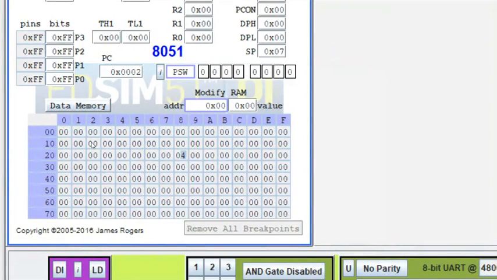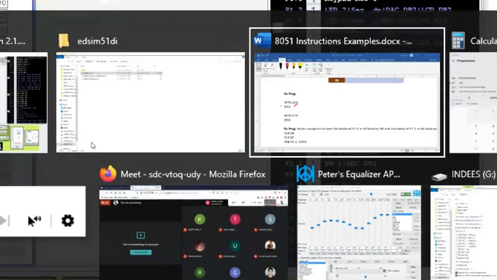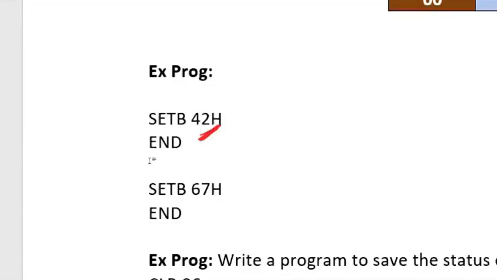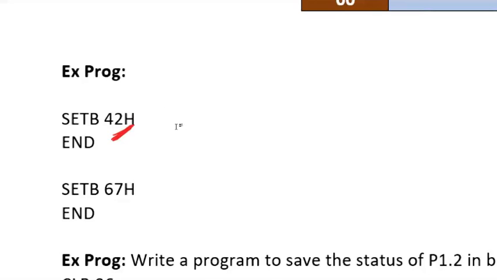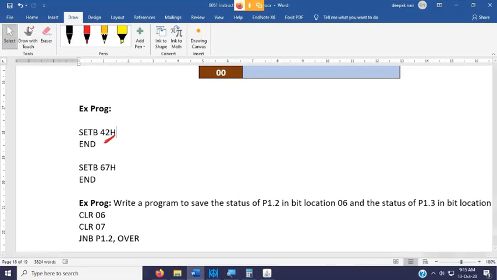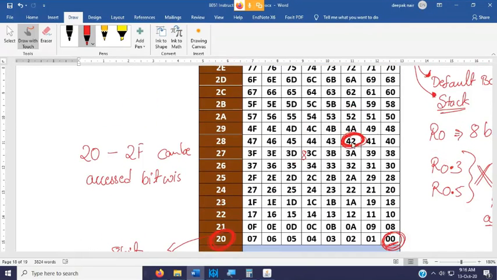If I write that particular number in binary, what am I going to get? I got 04, so 0000 0100. This is the address of 28.2. So let us check what is that address. Here you see 42.